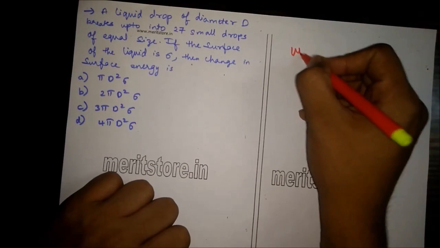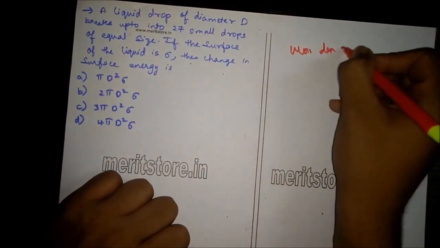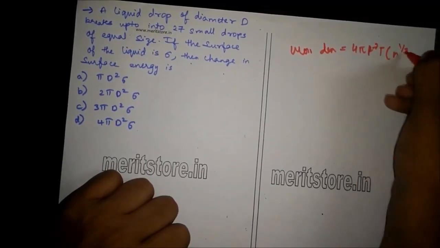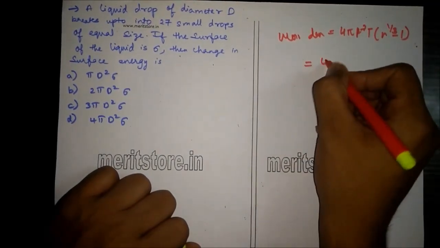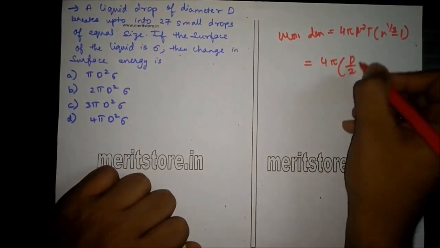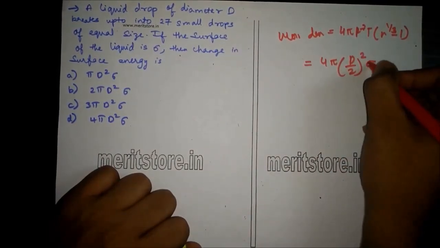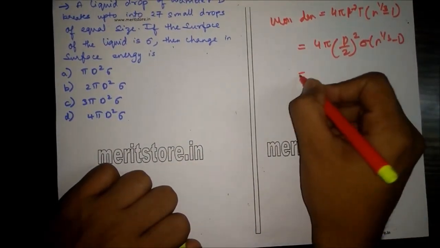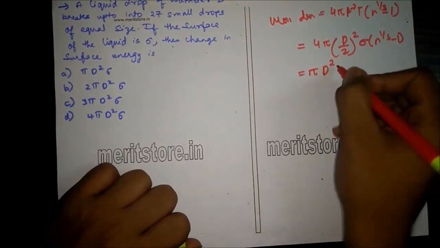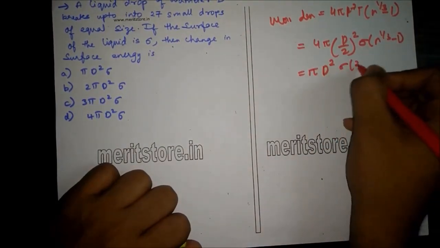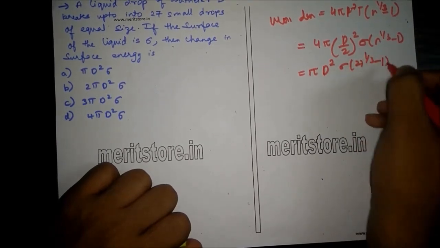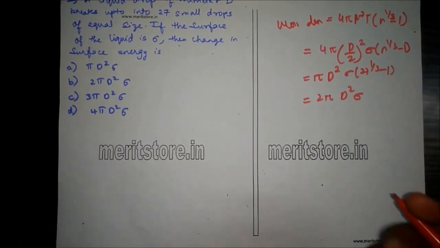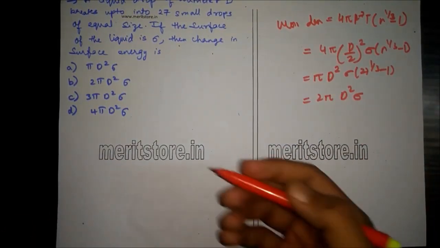Now the work done here is given by 4 pi capital R square T (n raised to 1 by 3 minus 1), which is equal to 4 pi (capital D upon 2) the whole square into sigma (n raised to 1 by 3 minus 1), which is equal to pi d square sigma (27 raised to 1 by 3 minus 1), which is equal to 2 pi d square sigma. This will be the change in the surface energy, which is option B.